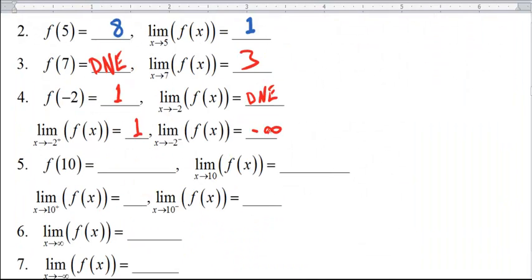We can say that the y value is approaching negative infinity, which means it's decreasing without bound. As x gets closer and closer to negative 2 from the left side, the y's go further and further down, way down into the negatives. So we would say that's negative infinity. Notice this is not saying that the one-sided limit exists. It's telling you how and why it does not exist.